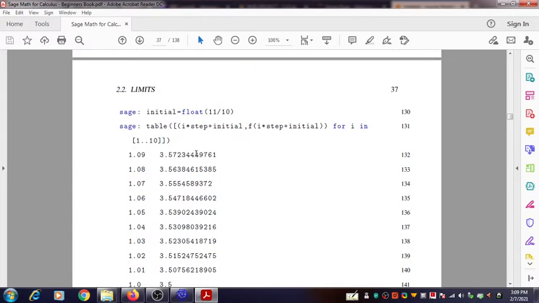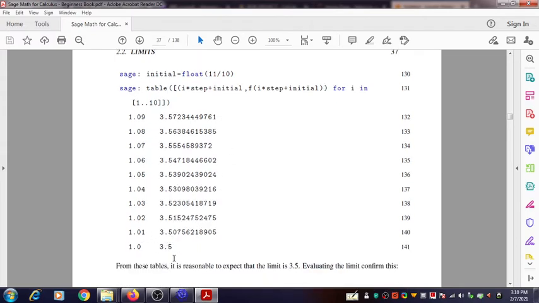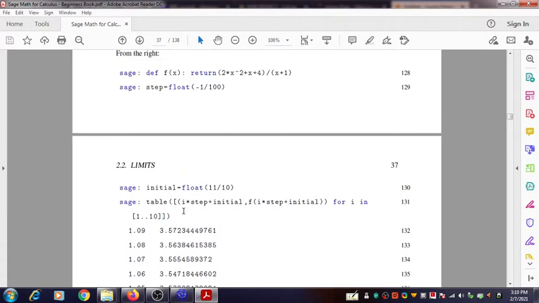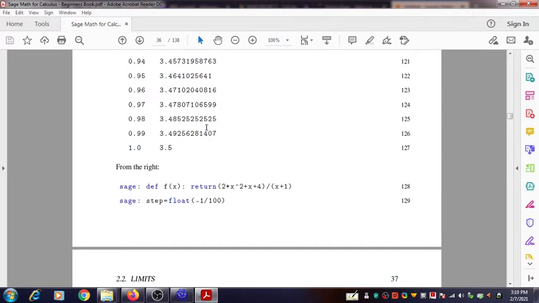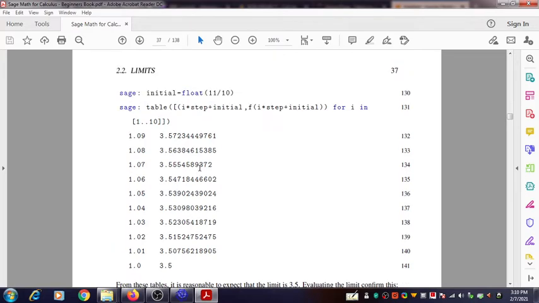Also when the function values are compared, you can see they are gradually decreasing step by step, and finally tending to 3.5. Hence from these two sets of function values, you can conclude that the limit of the given function at the point x equal to 1 is 3.5.